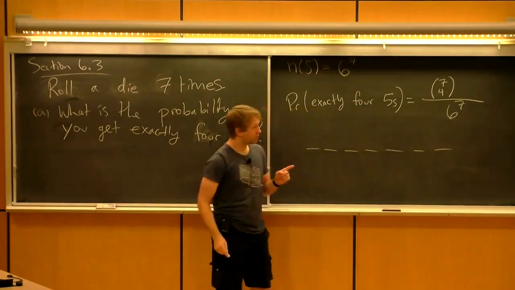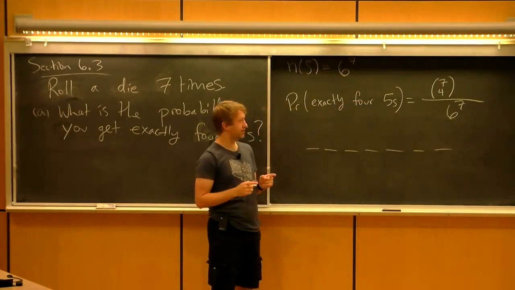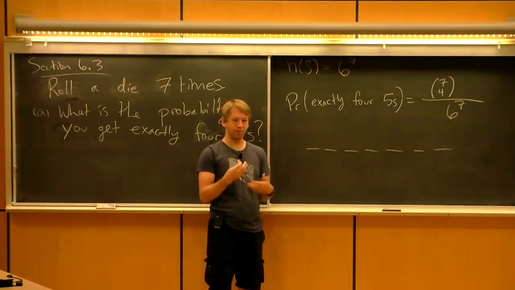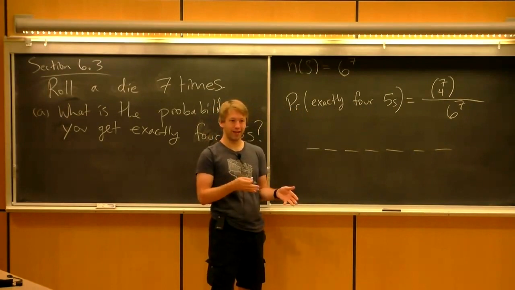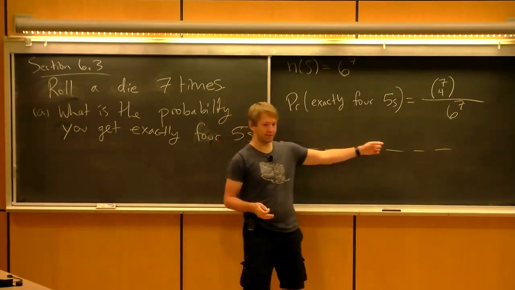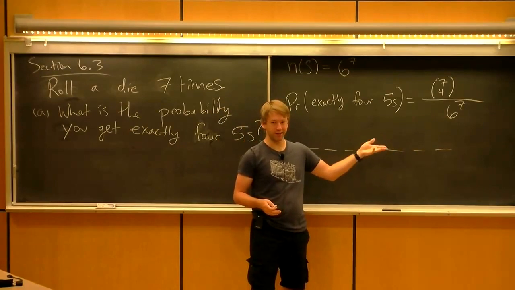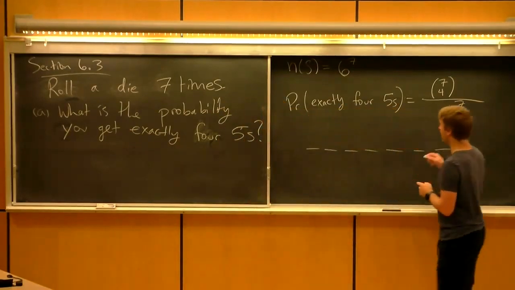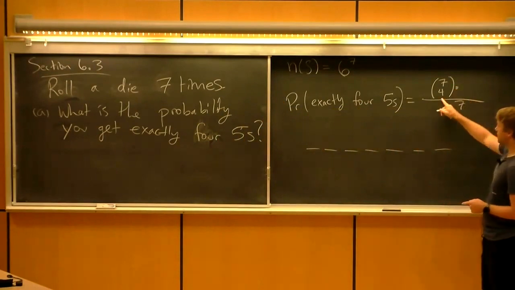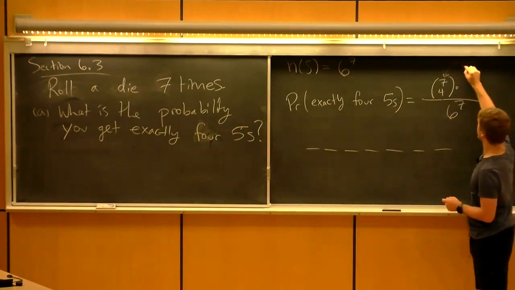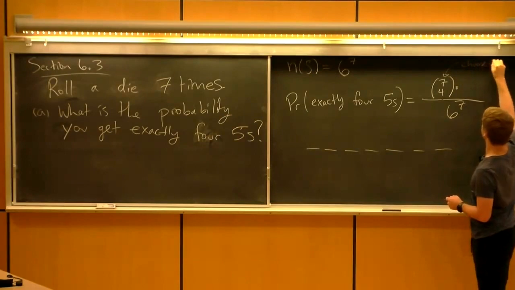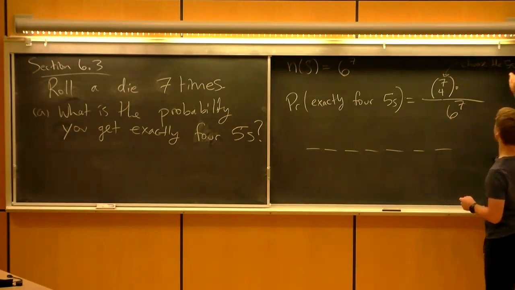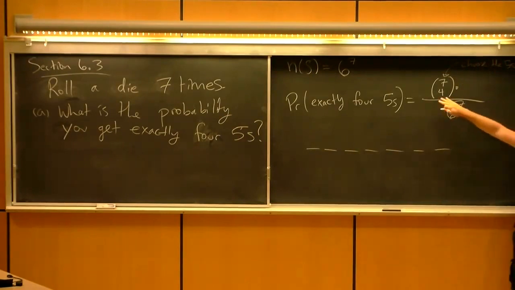But now we have to be a little bit careful here, because if this was a coin flipping problem, if we were talking about heads and tails, once you choose the heads, then you already know the rest of them are tails and you've kind of determined everything. Here we need to be careful, because this is the number of ways to choose the 5s, which is exactly what I was asking for.